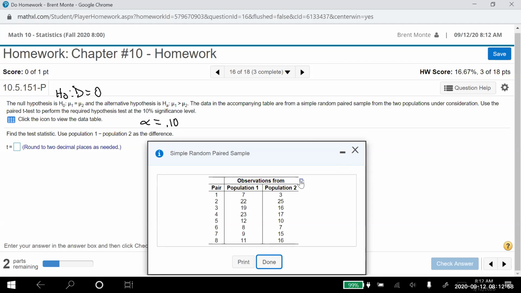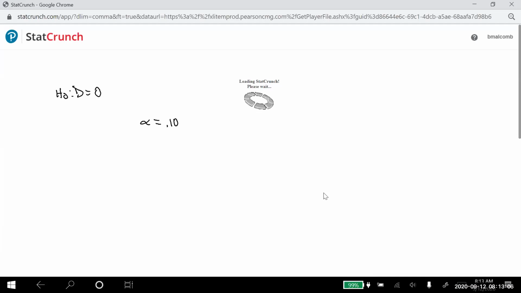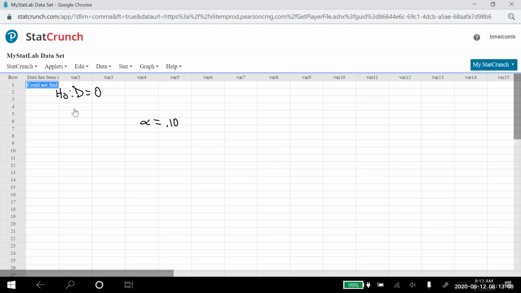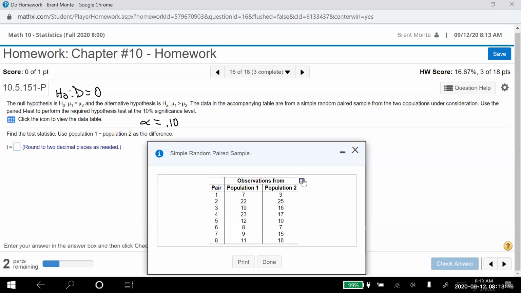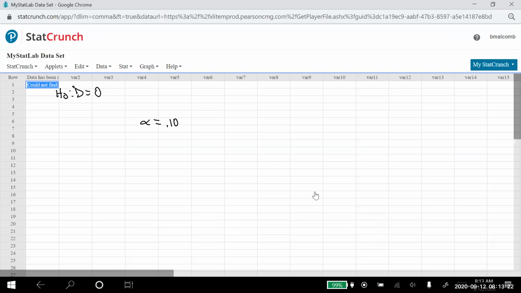So the way we do with those, we just go straight into StatCrunch. We're going to open it up. And in StatCrunch, could not find data. Well, that's not very helpful. Let's try that again. Let's click out of there. Try to do it again, see if it'll do it. If not, we may have to enter the numbers ourselves. Let's see. Come on, could not find data.